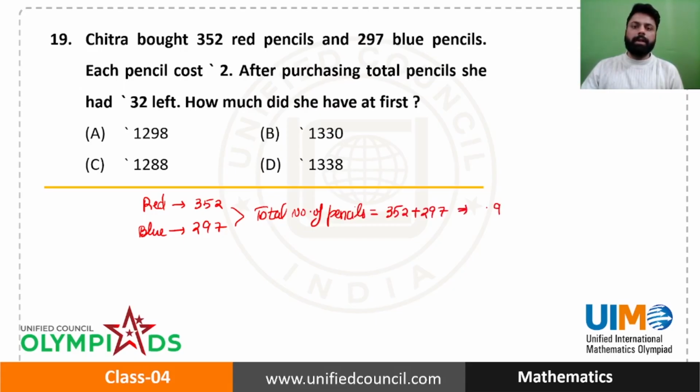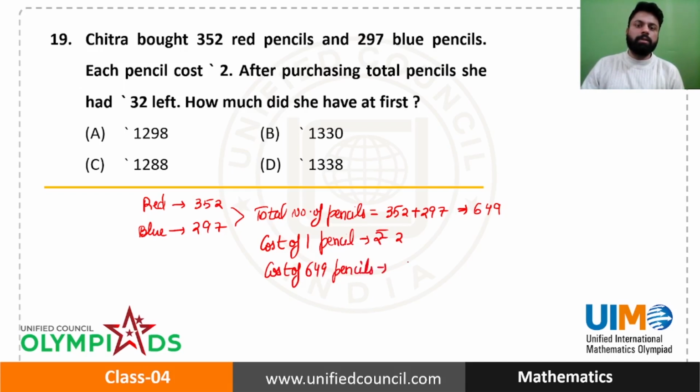So this is 9, this is 4, 649 pencils. The cost of one pencil is rupees 2. Cost of 649 pencils is equal to 2 multiplied by 649. 18, 1, then 9, then 1298 rupees.